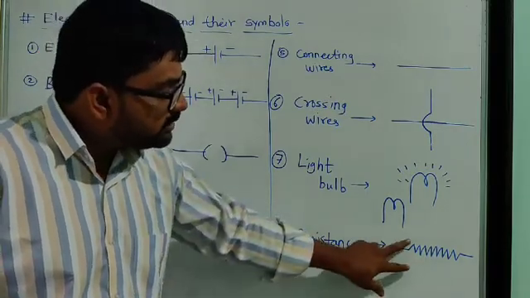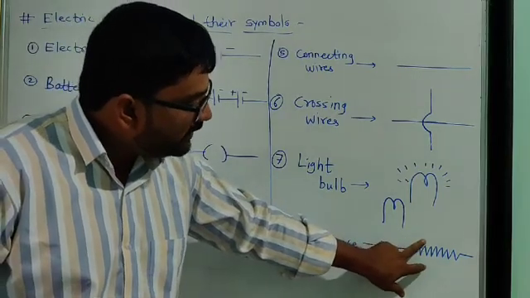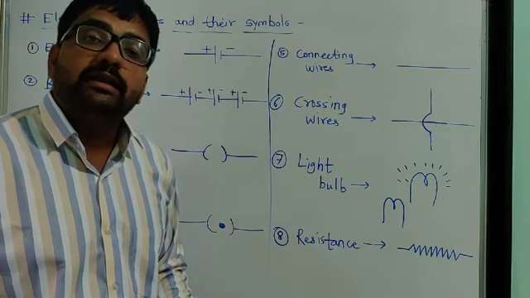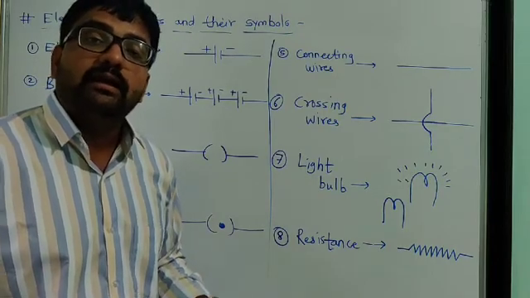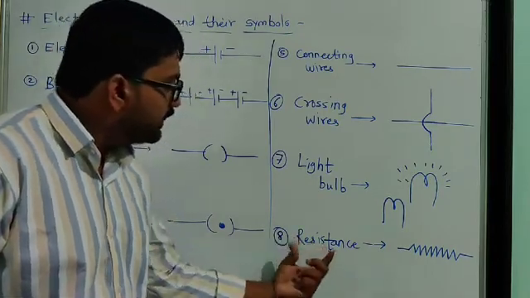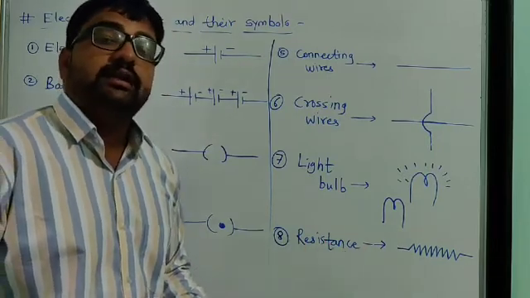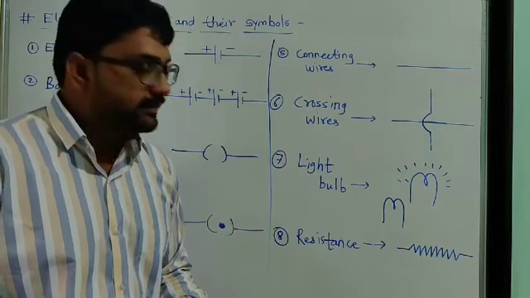So by changing the value of these resistors, we can change the amount of electric current. Resistance is one important electronic component that we use in an electric circuit.